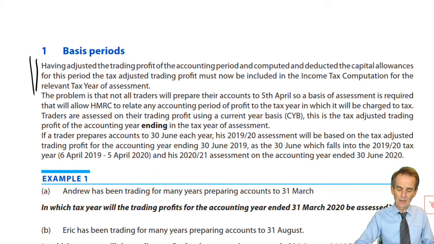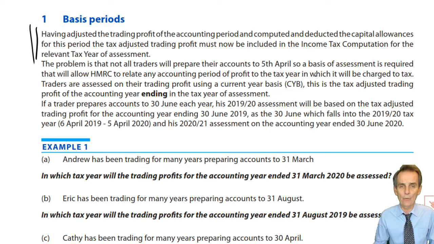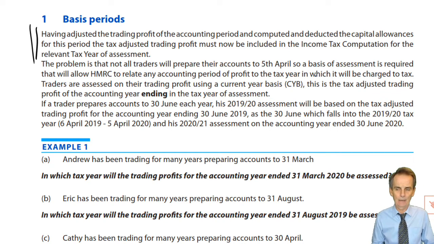So, of course, not a problem that can't be overcome, and therefore we use something that you're going to come to know and love as the current year basis. I may have lied there when I said love, of course. The current year basis. This is the normal basis of assessment that is used.